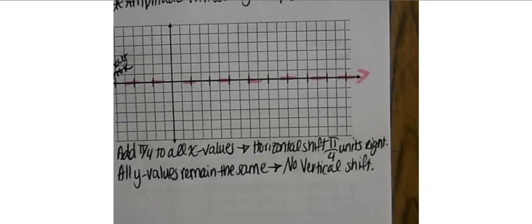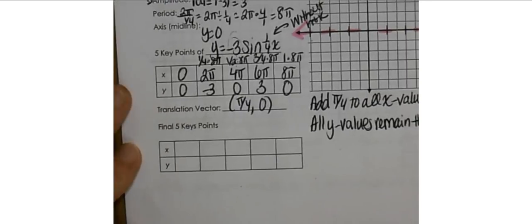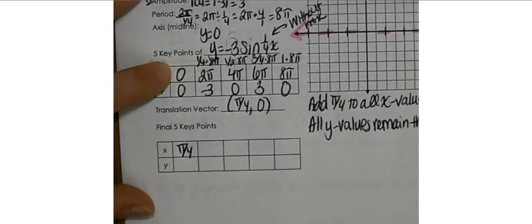Okay, so now let's go ahead and shift our ordered pairs. I'm going to take 0 and add pi over 4 to it. 0 plus pi over 4 is pi over 4. Then I'm going to take 2 pi and add pi over 4.